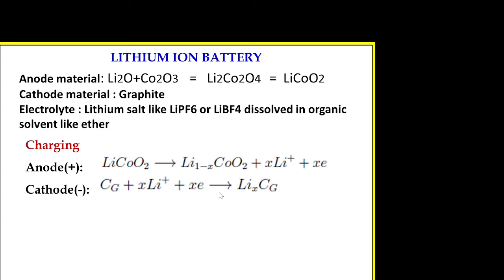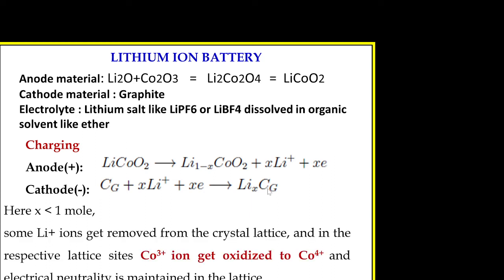These lithium atoms are inserted between the graphite layers. Here Cg is graphite. Lithium ions are produced on the crystal lattice, get transported through the electrolyte, and reach the cathodic graphitic region, where lithium ions get reduced to lithium atoms and inserted between the graphitic layers.